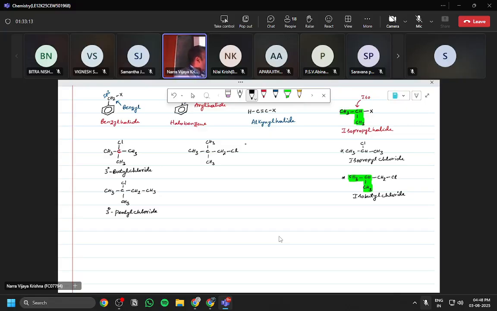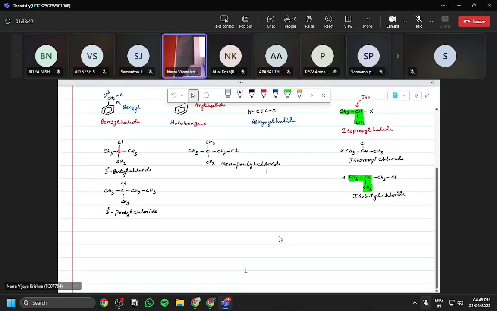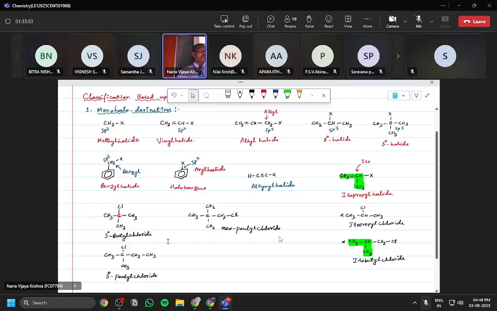From the last, the second carbon, if it has 2 CH3 groups, then neo. That means that carbon must be a quaternary carbon. Now it is neopentyl chloride. Any questions? Do you have any questions in it? Any other? Do they give any other example? That's all? No need to discuss IUPAC names now.